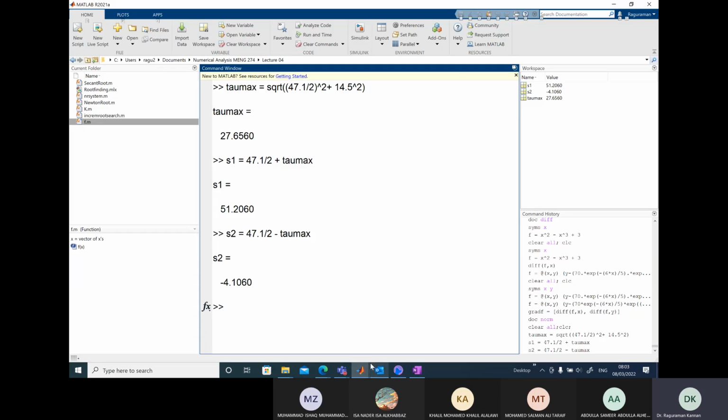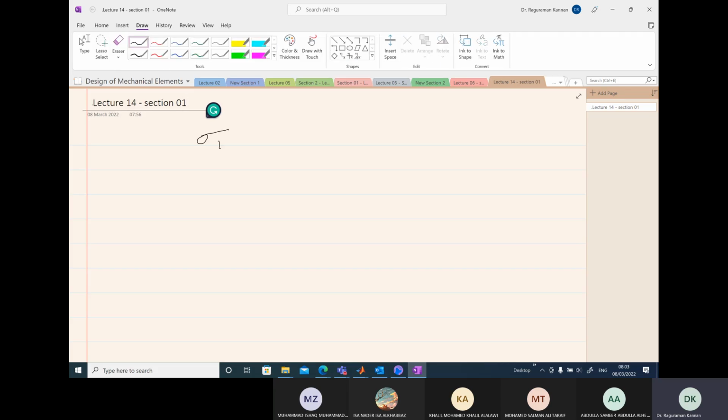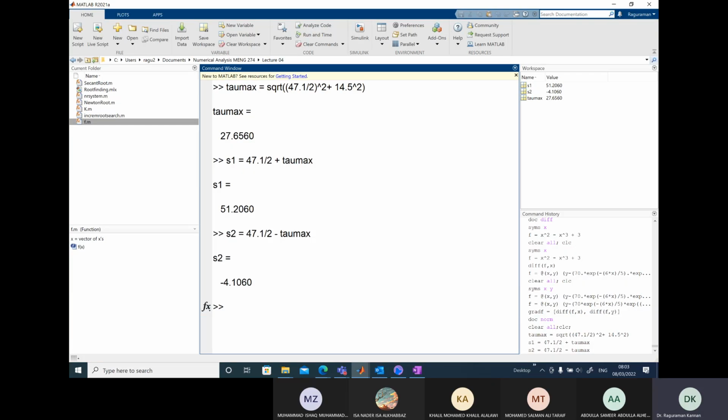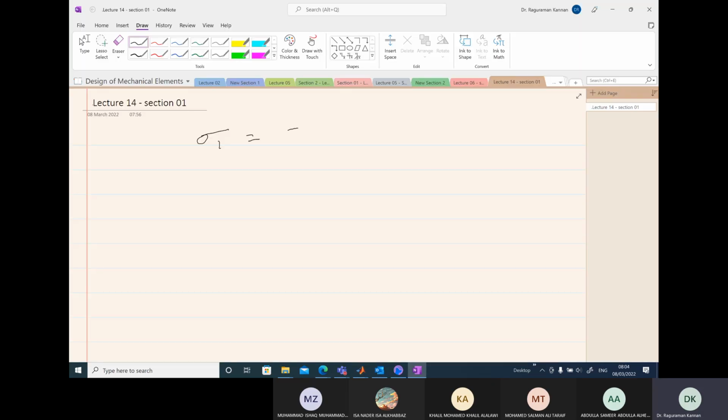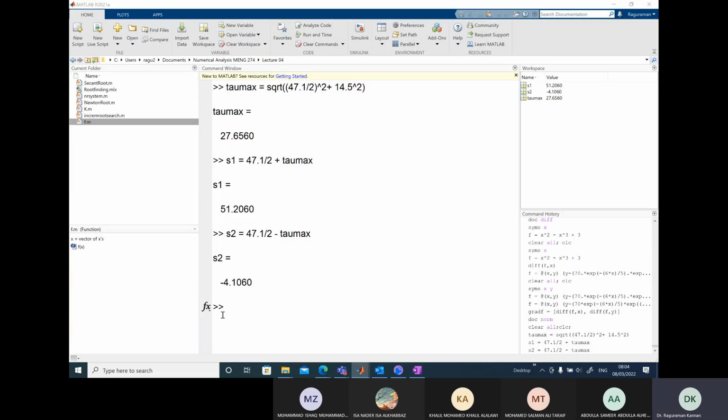Okay, so let's go to the notepad here. Let me note it down here. Sigma 1, the value is 51.2 approximately. And then we get the other value as minus 4.106.